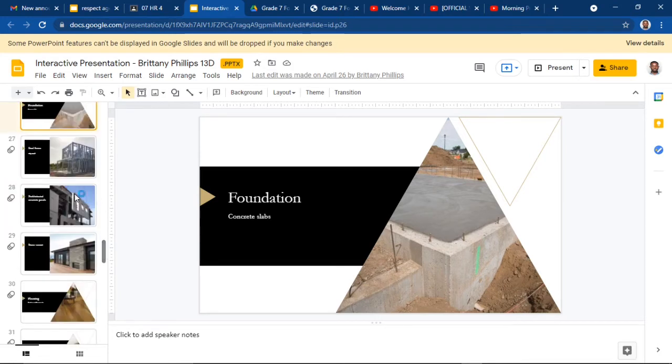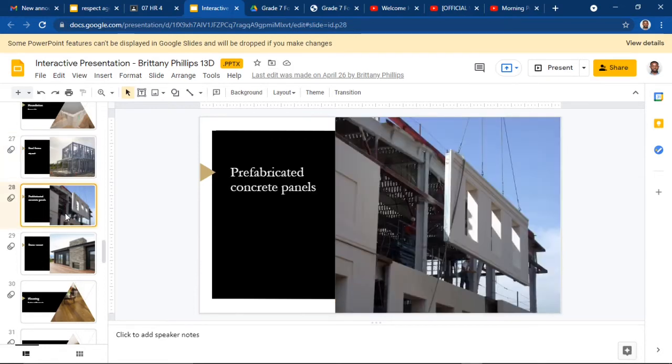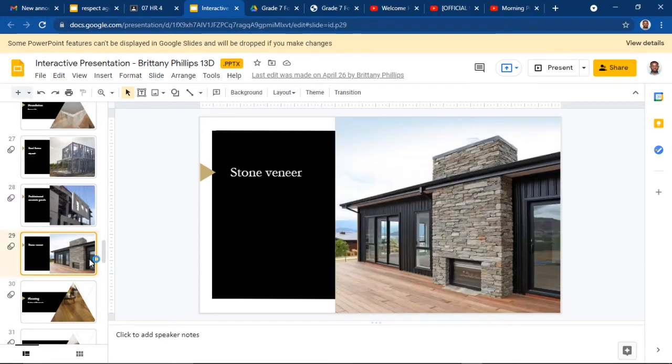That is the material used to design that. They use steel framing, and it says why steel. So in a presentation, you would explain why you chose a steel frame instead of a concrete frame, or even a wooden frame. All right. You have prefabricated concrete panels. You would explain why you went with that instead of in situ concrete panels, in situ meaning built on site.